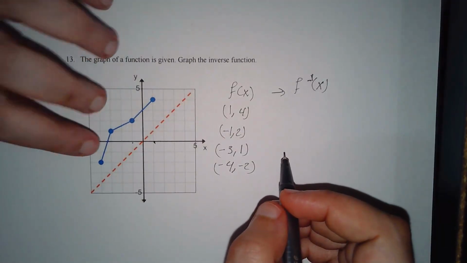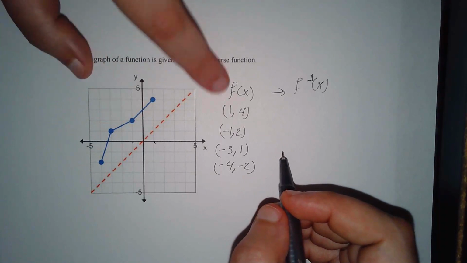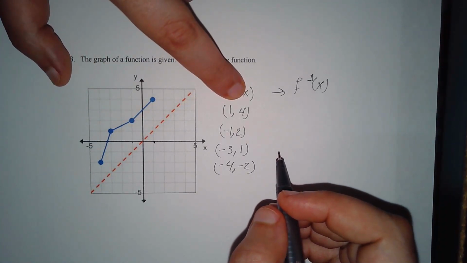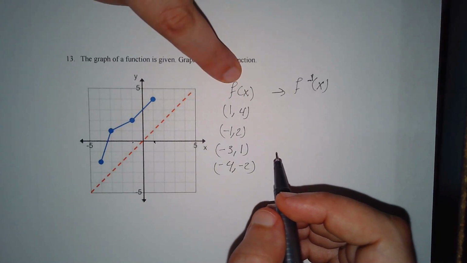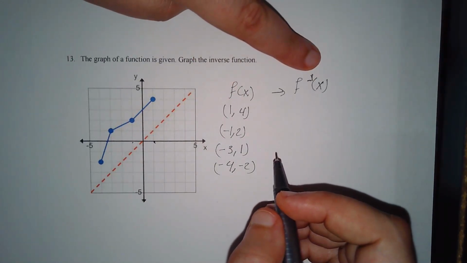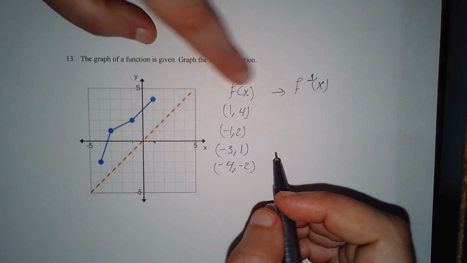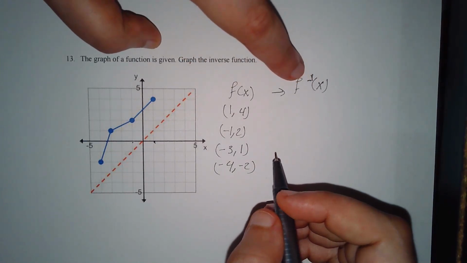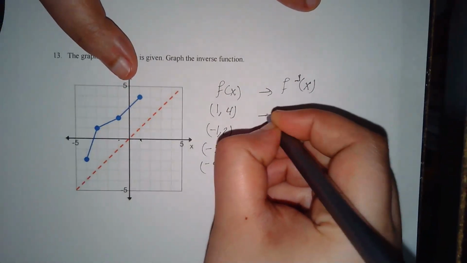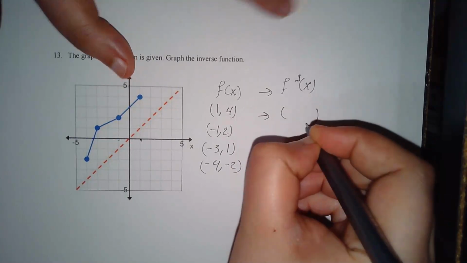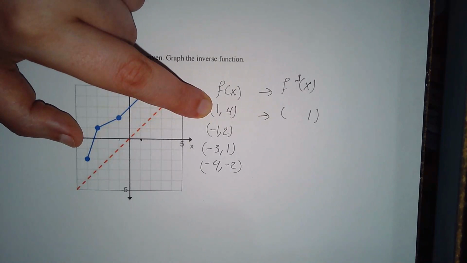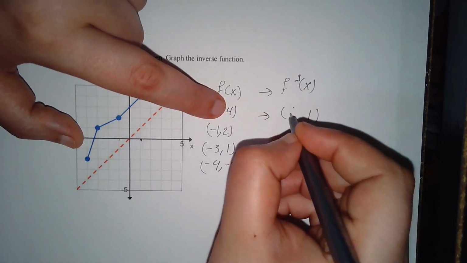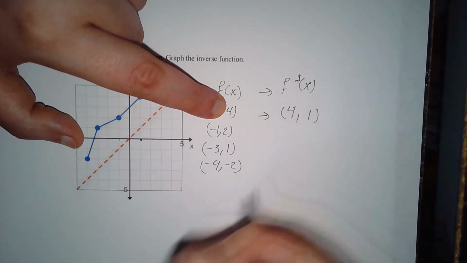Now, what you need to do is flip whatever these points are. Remember, we said domain of f is the range of f inverse, and range of f is the domain of f inverse, right? So over here, domain, which is the x, turns into a range, which makes it the y. And my range, which was y, turns into x.